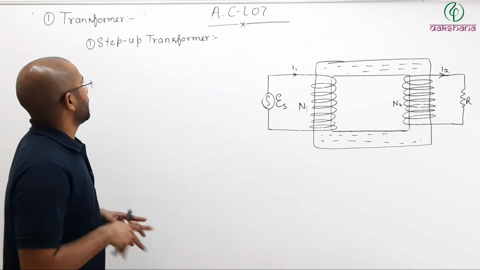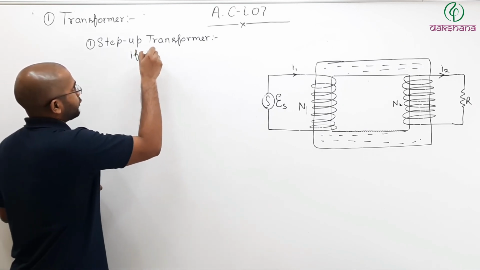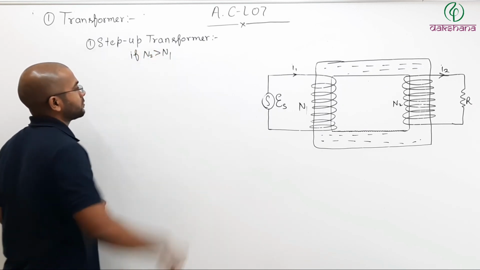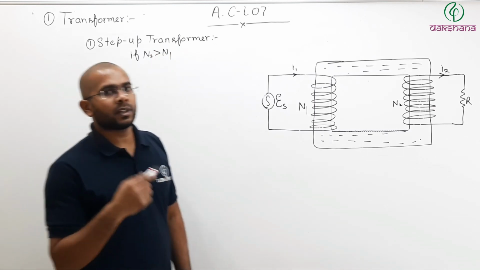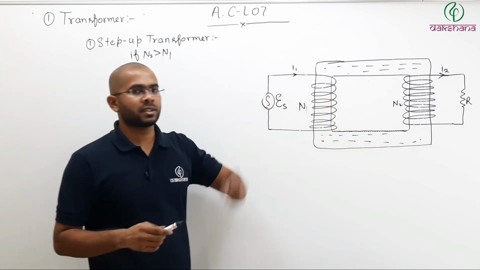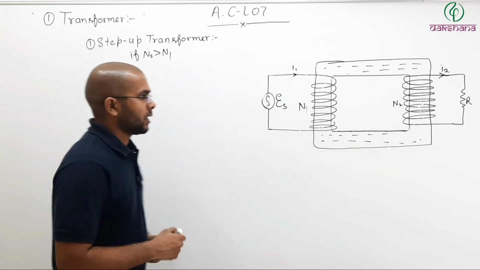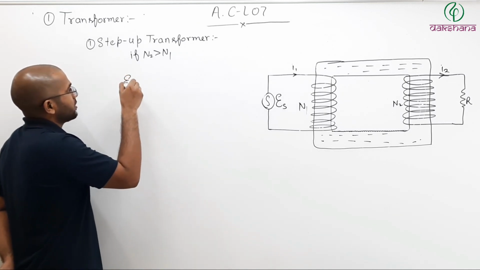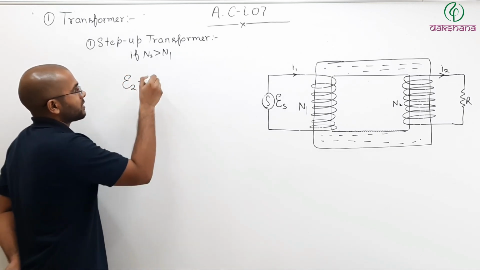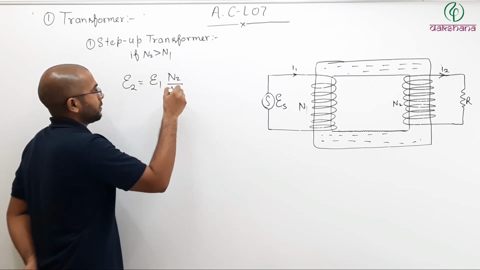Let us see. If, let us say, N2 is greater than N1, meaning the total number of turns in the secondary coil is greater than the total number of turns in the primary coil, what will happen? Now we have seen that the secondary coil EMF is nothing but E1 times N2 by N1.